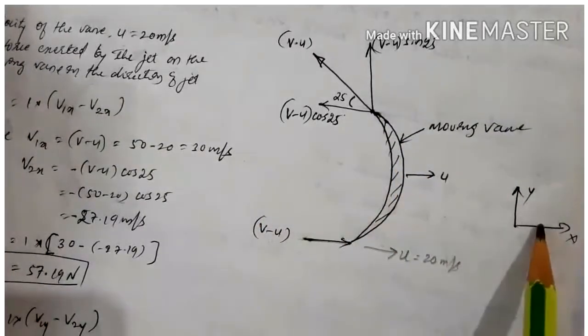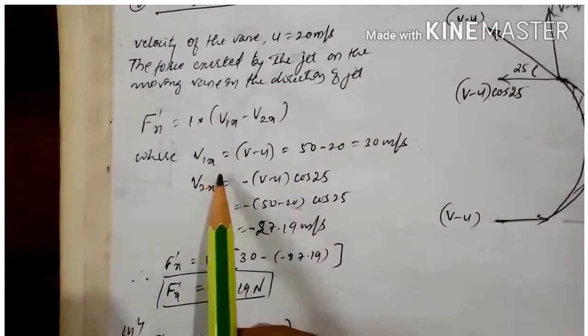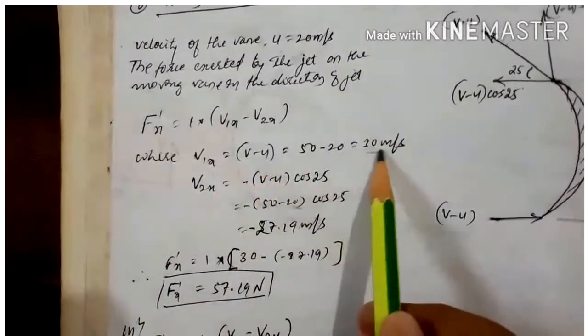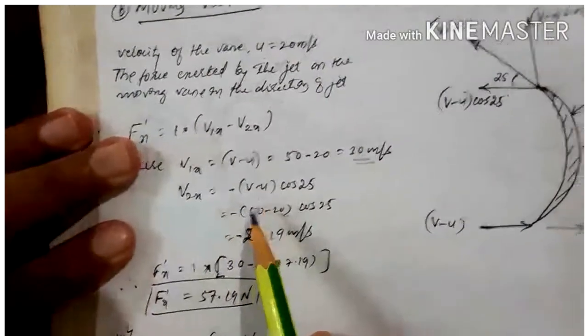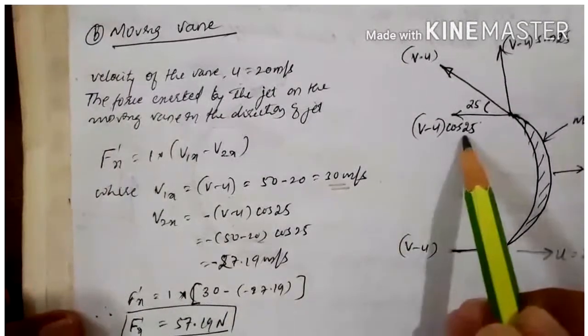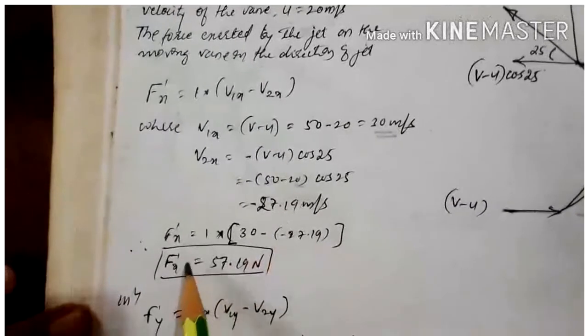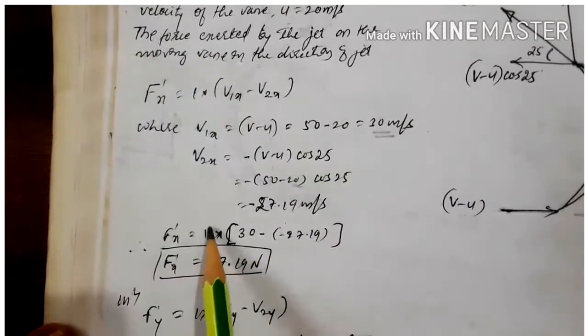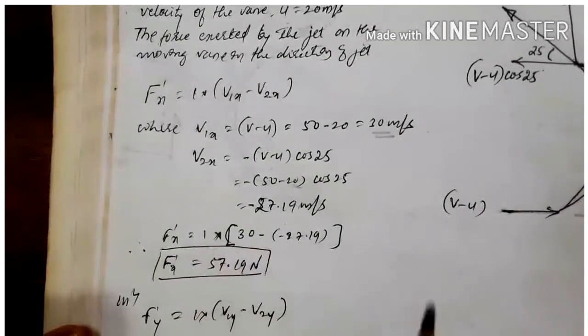The vane is moving in the x direction. So for the moving vane case, v1x equals v minus u, and v2x will be minus (v minus u) cos 25, which is in the opposite direction of the incoming jet. Then finally calculate Fx, taking 1 per kg of flow, the same as before, but for the moving case.